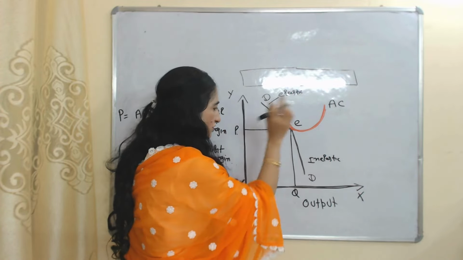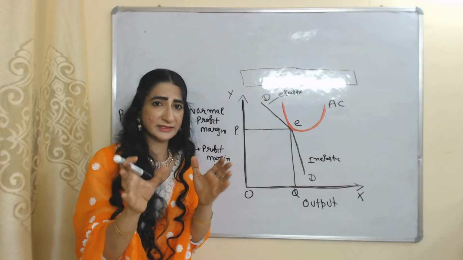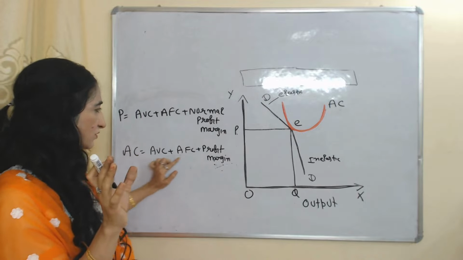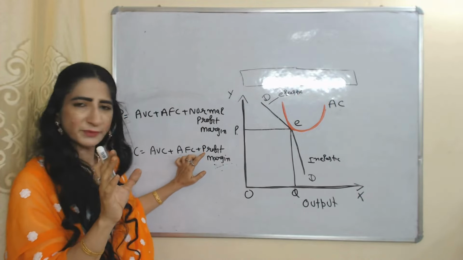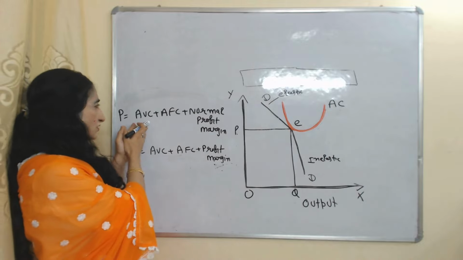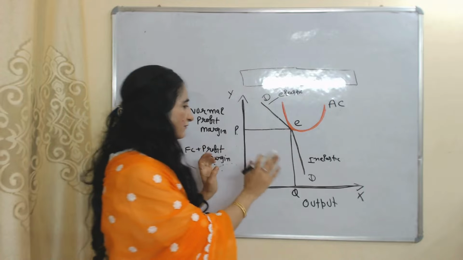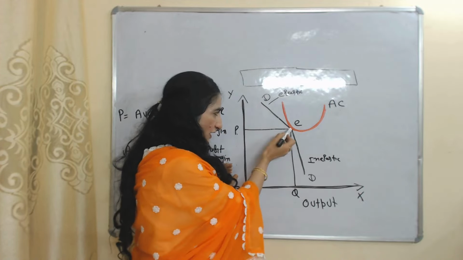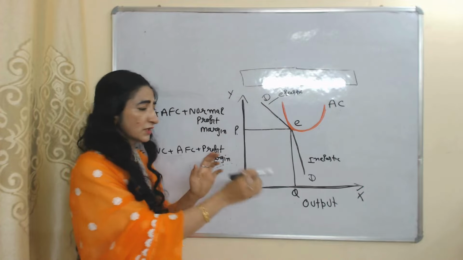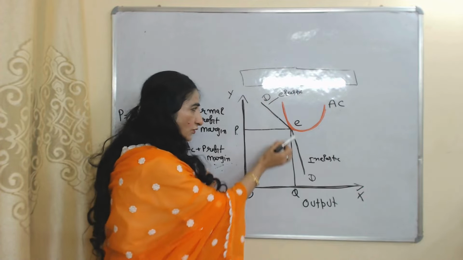So our average cost is equal to QE, and we have to decide our price that is exactly equal to our average cost, because our average cost includes average variable cost, average fixed cost and some profit margin. And according to this theory, we decide our product price that is equal to average variable cost, average fixed cost and normal profit margin. So our average cost is equal to QE, and we will decide our product price that is exactly equal to QE, and OP is exactly equal to QE.